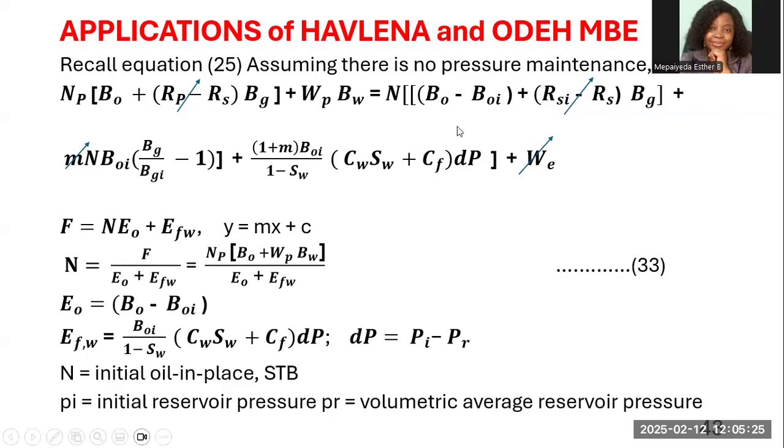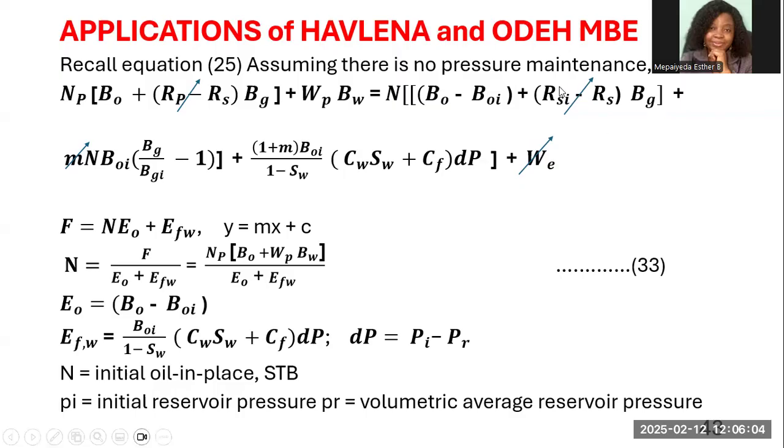Our m is 0, so this goes as well. And then you have your We here, your m here is 0, so you have 1 plus 0, Boi over 1 minus Swi. So what you have left here is Boi over 1 minus Swi times (cw Swi plus cf), but your We is 0. Okay, so we have F equals N Eo plus Efw.